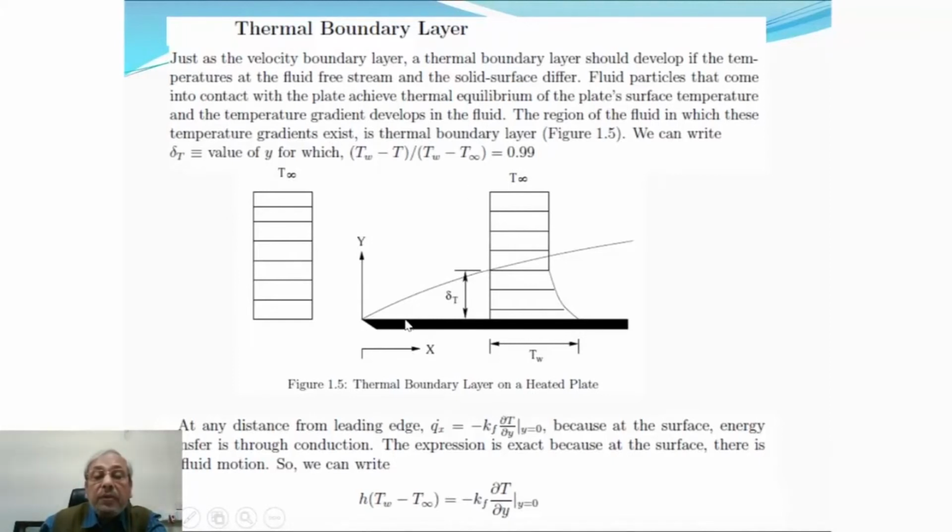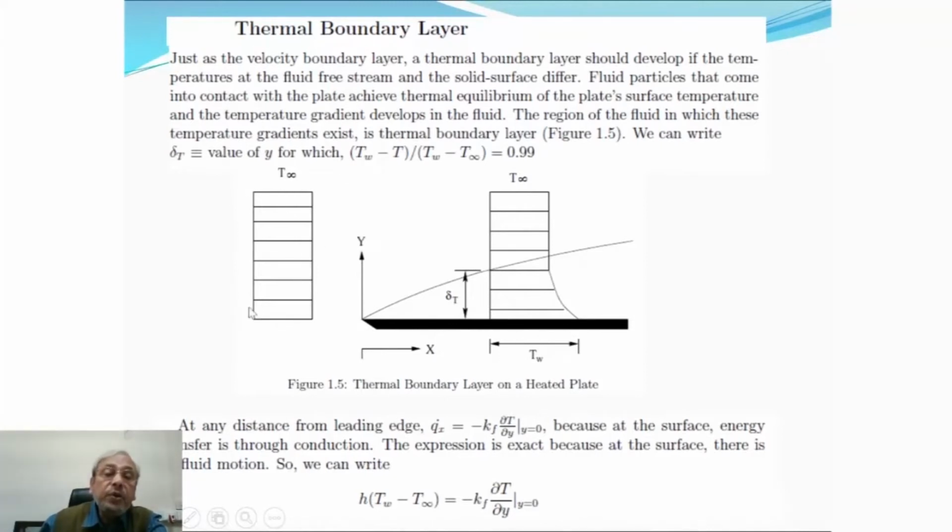So the fluid layer which is adhering to the surface, if the surface temperature is Tw, the fluid layer at a location X is having temperature equal to Tw because of thermal equilibrium between the fluid layer, which is at a no slip condition, and the solid surface. Solid temperature is Tw.